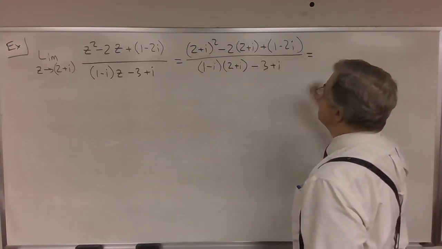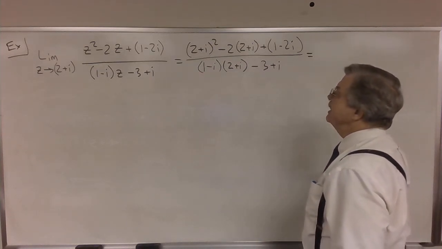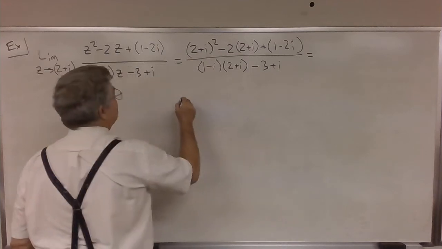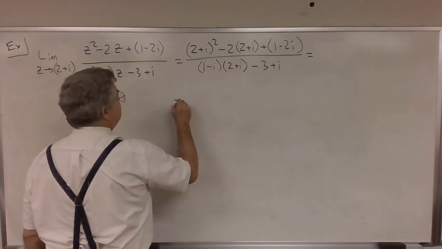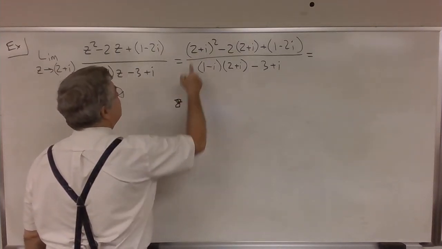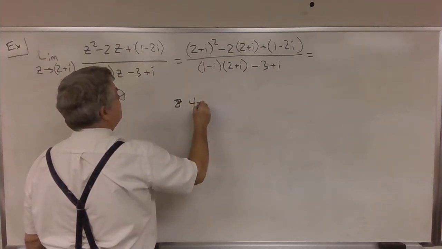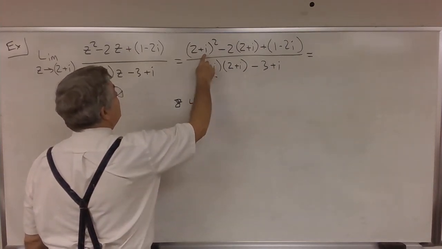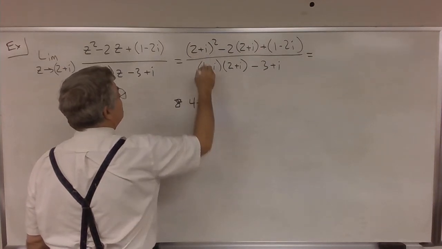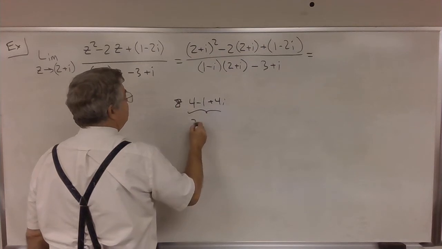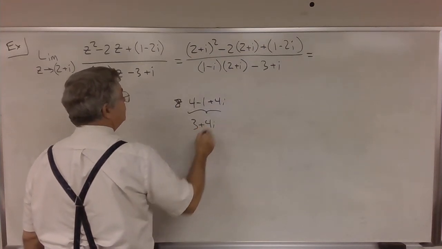Okay. 2 plus i squared. Oh, crud. So we get the first squared, which is 4. We get the last squared, which is minus 1. And we get 2 times the first times the second, so that's 4i. 3 plus 4i.